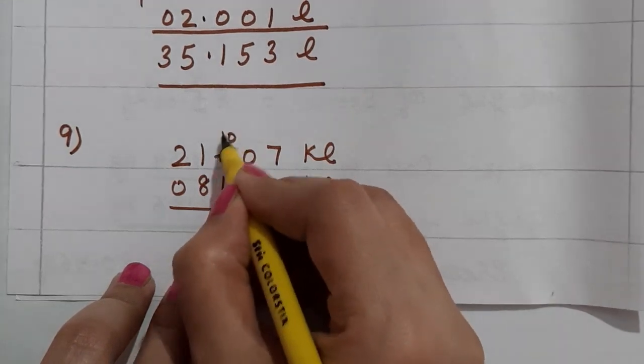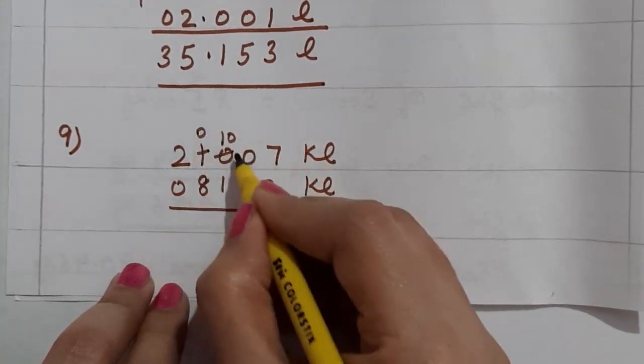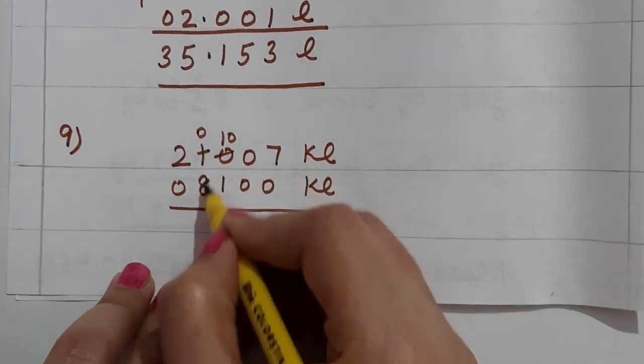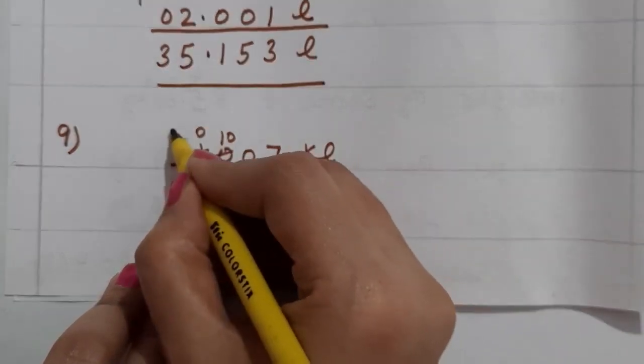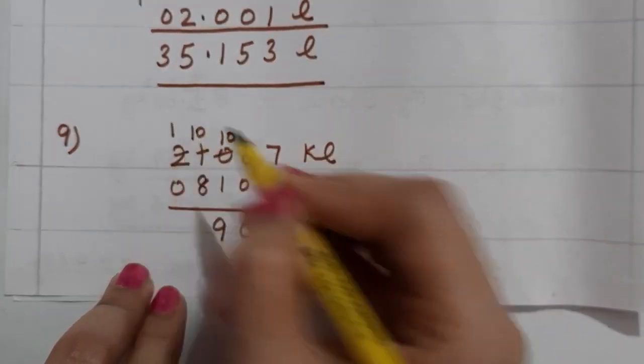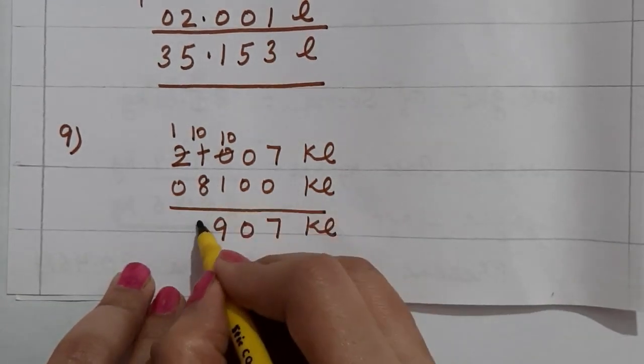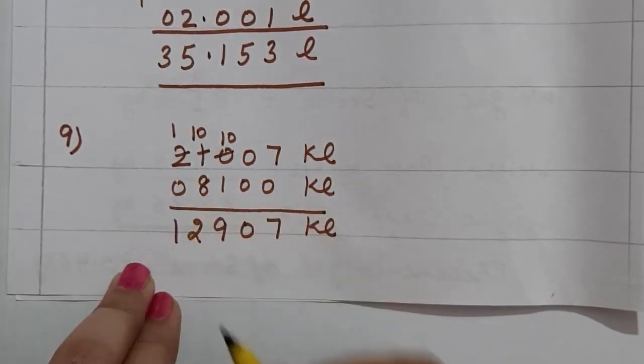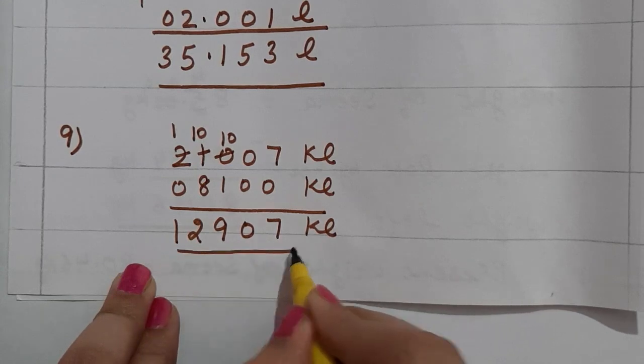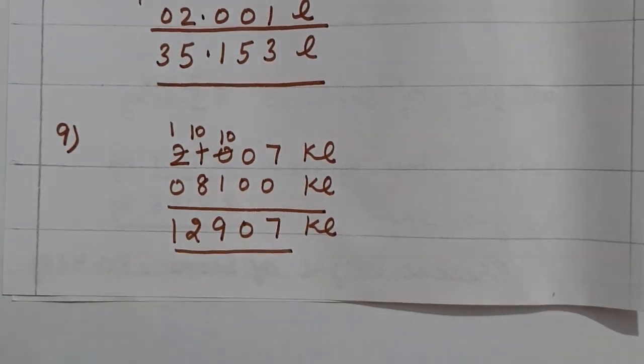So 0 will become 10 and 1 will become 0. 10 minus 1, 9. 0 minus 8, not possible. 2 will become 1 and 1 will become 10. 10 minus 8, 2. 1 minus 0, 1. So this is your answer. Simple. Have you got the correct answers? If yes, very good. If no, you will do corrections.